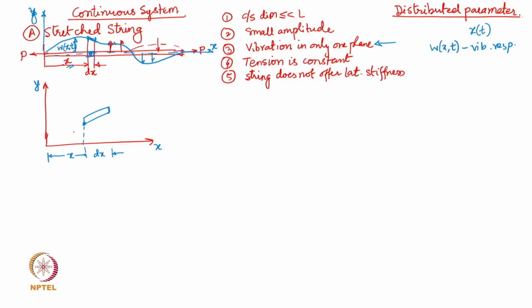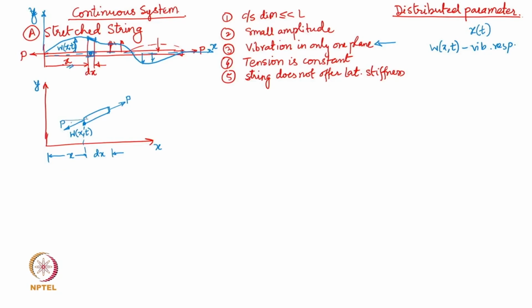Now this response is shown here as w(x,t), and this small element of the string is obviously going to be in equilibrium under the forces which act on it. So the constant tension P which acts on this string is shown here.